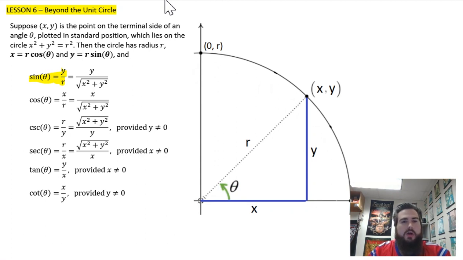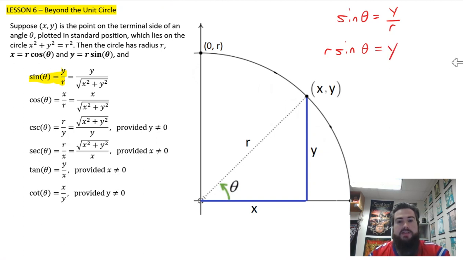Therefore, if you solve for y in this case by multiplying r to the other side, you should be able to take sine of theta equals y over r and isolate y by multiplying r over to get r times sine of theta is equal to y. The same concept will hold true for cosine, where if you multiply r to the other side, you get r times cosine of theta is equal to x.